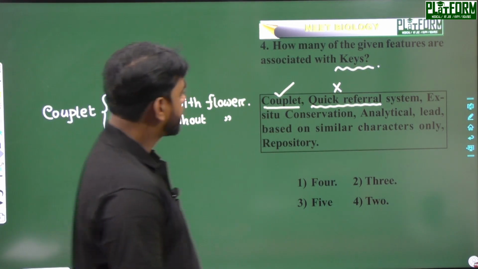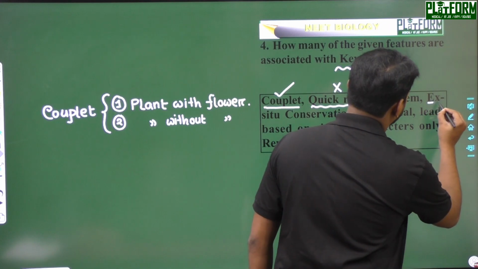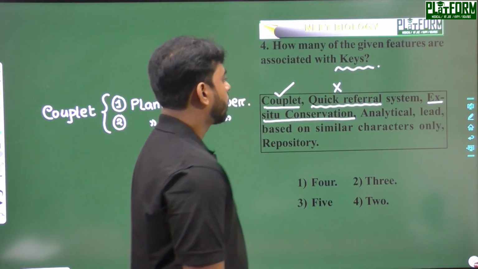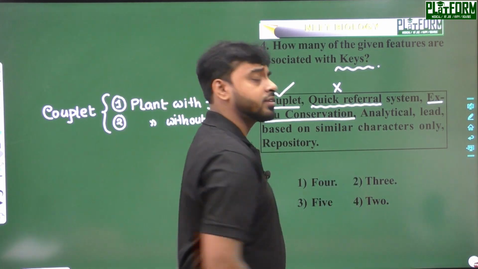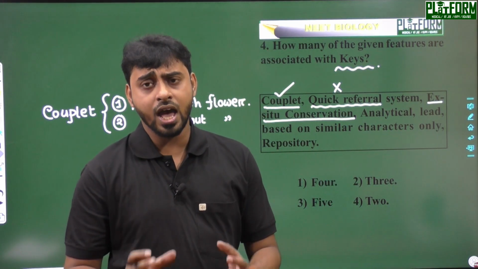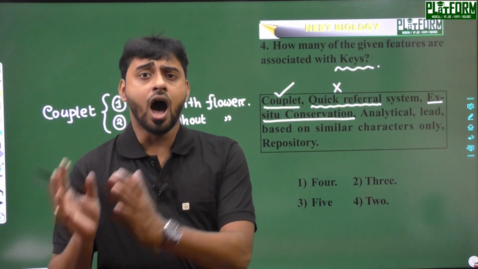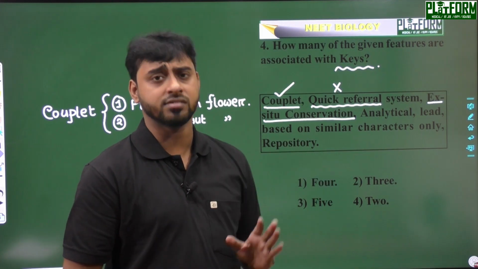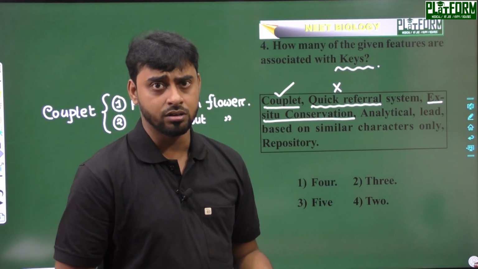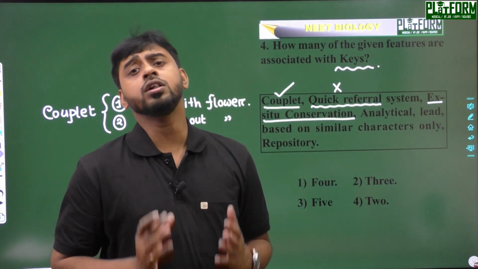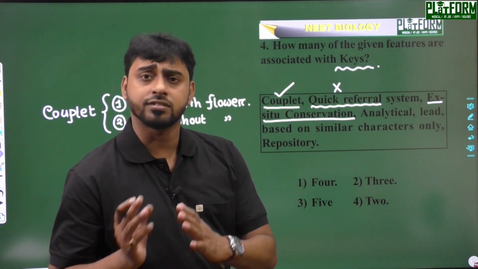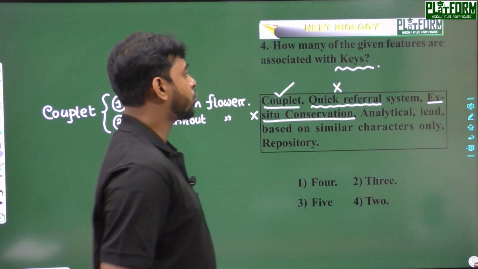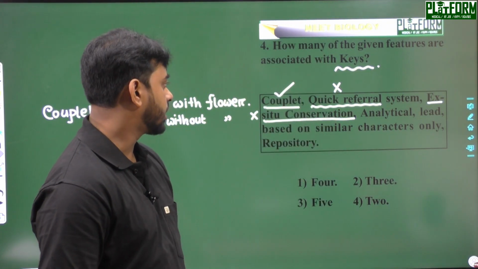The third one, that's the ex situ conservation. We know that ex situ conservation means if the organisms are conserved outside their normal environment. Botanical garden, zoological garden, all these are examples of ex situ conservation. So this is also wrong with respect to the key.